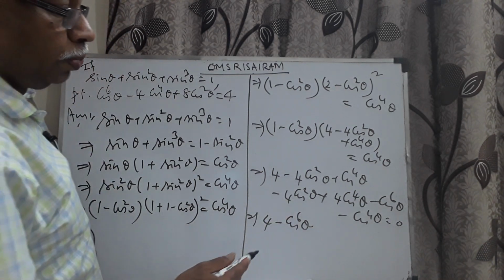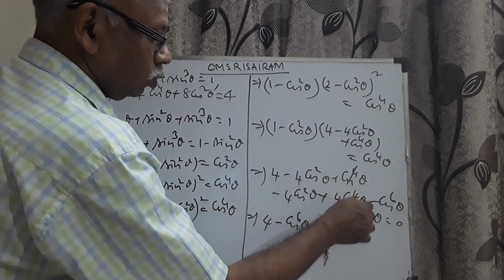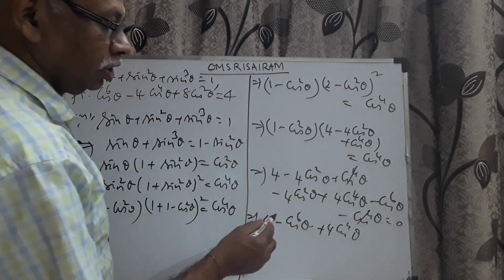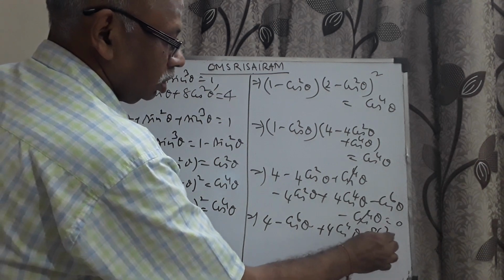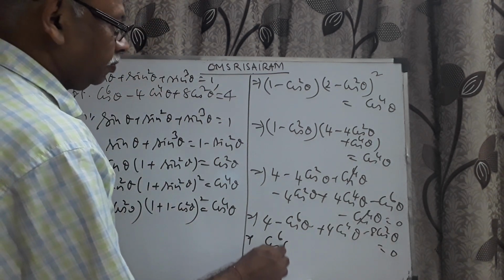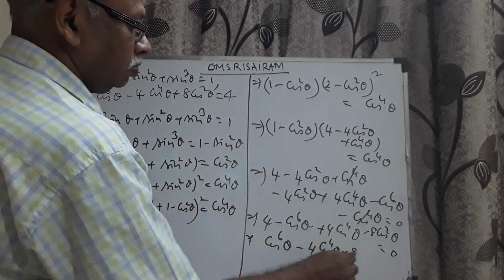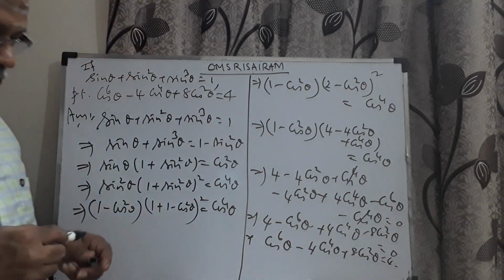Then let me group all the cos power 4 terms, I end up with plus 4 cos power 4 theta. Then cos square theta I will group, I end up with minus 8 cos square theta is equal to 0, which implies cos power 6 theta minus 4 cos power 4 theta plus 8 cos square theta is equal to 4. That is what I am supposed to prove.